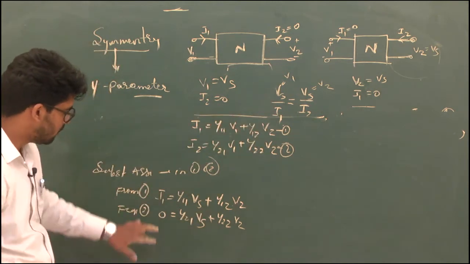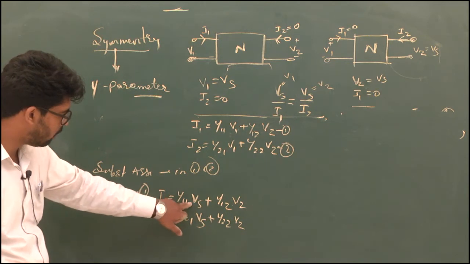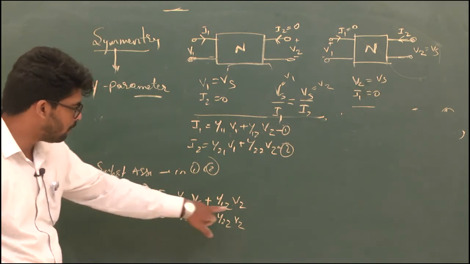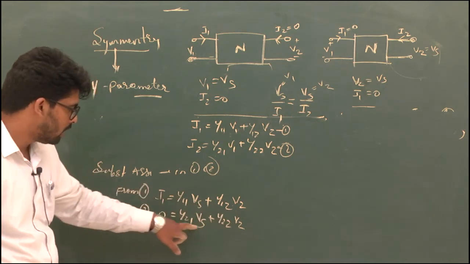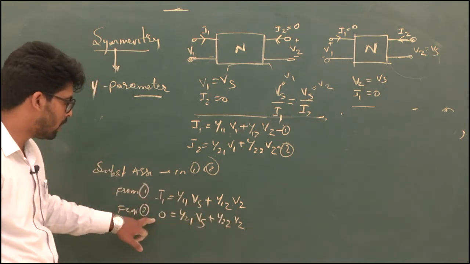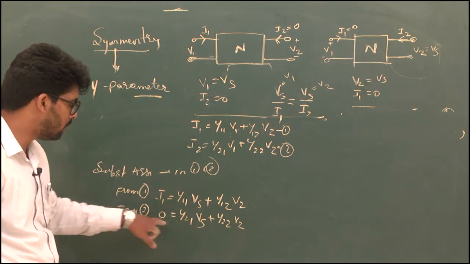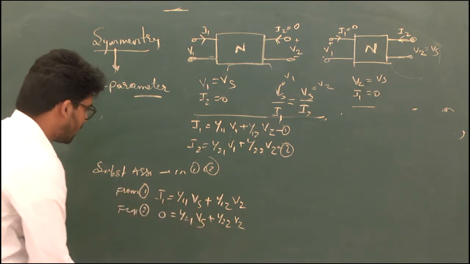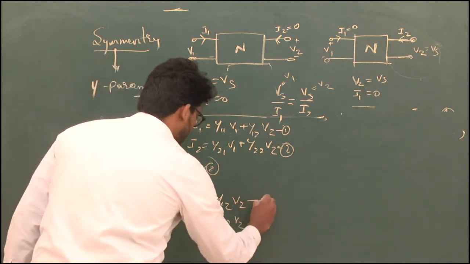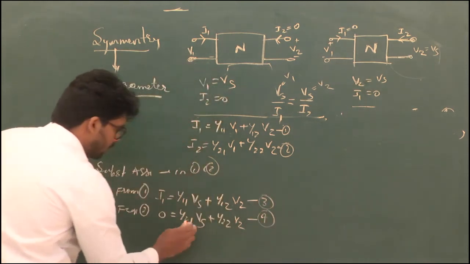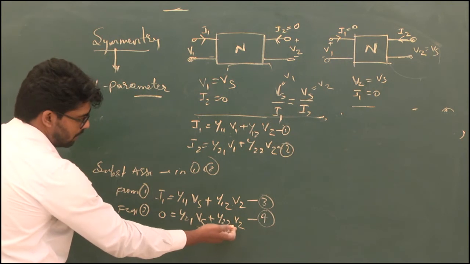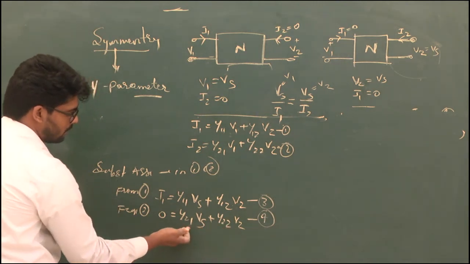Examine these equations. From the first equation, if you want Vs by I1, you have V2 as an obstacle. In the other equation, V2 and Vs are there, but there is no I1. I am naming these 3 and 4. By 4, we can transform V2 in the form of Vs.